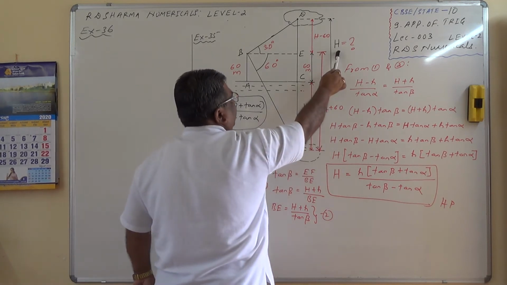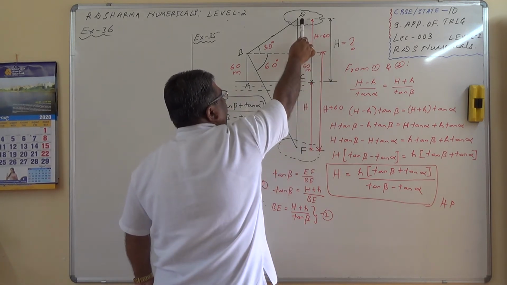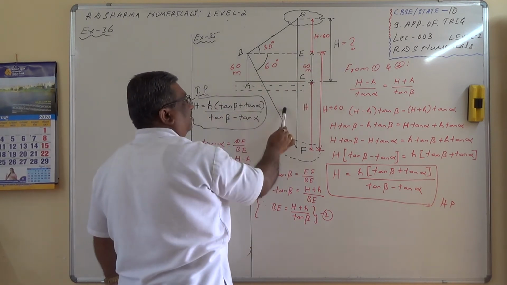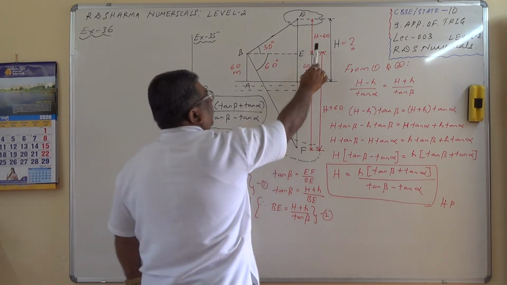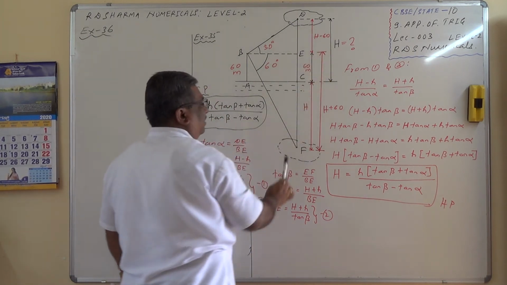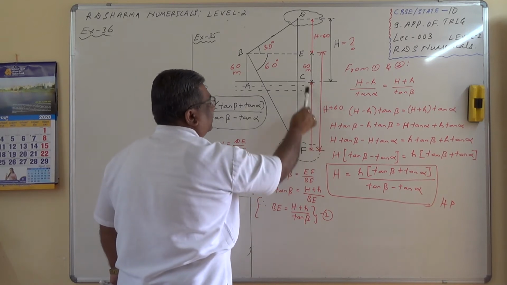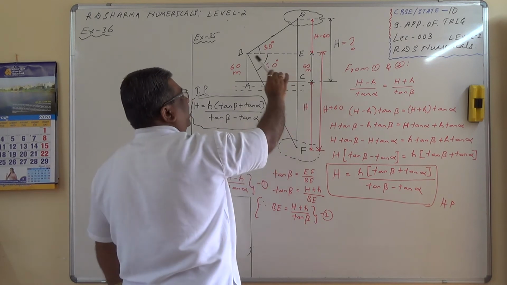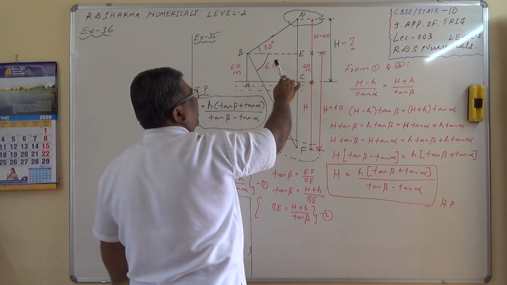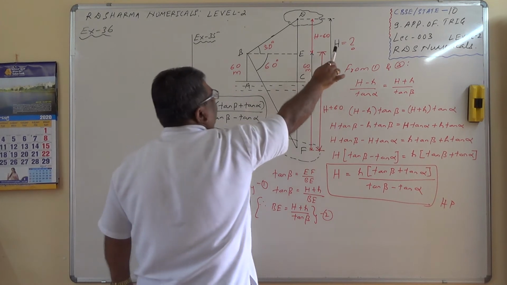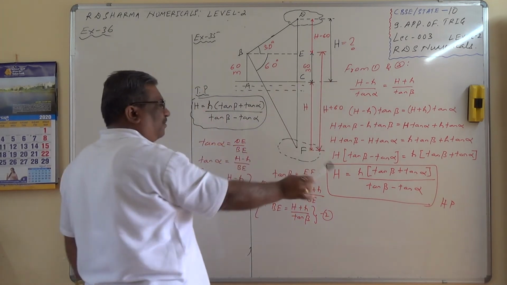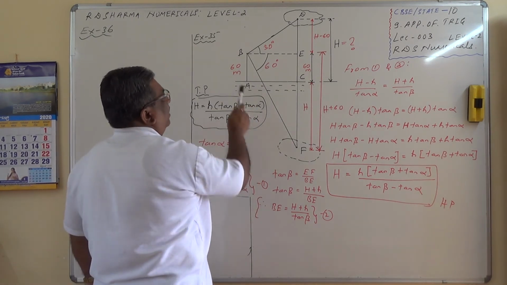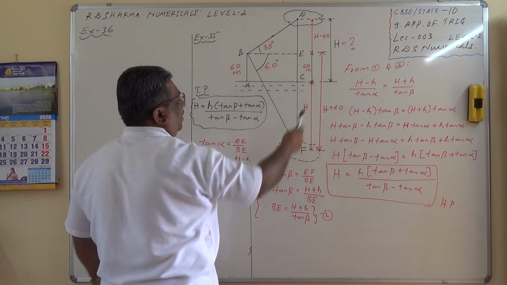If capital H is the height of the cloud above the lake surface, then in the two triangles I am getting H minus 60 as one opposite side and H plus 60 as the other. BE is common. If I equate tan 30 and tan 60 with respect to BE, I should be able to get the value of H. Same process I will continue, but this is the new diagram now, and this 60 meter is given to you. Let us see how to find out.